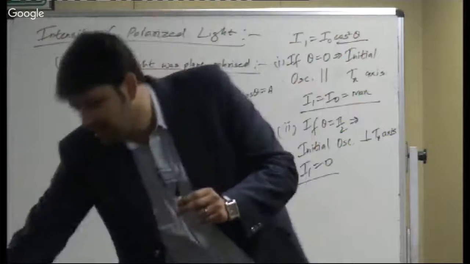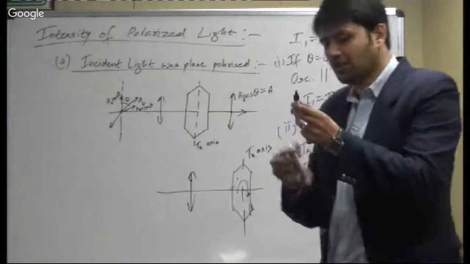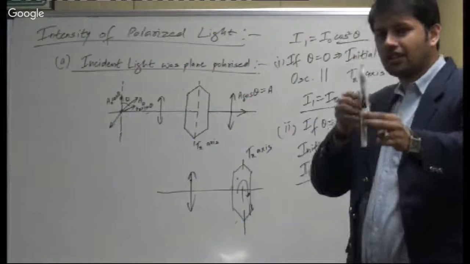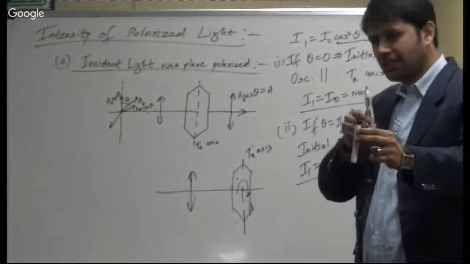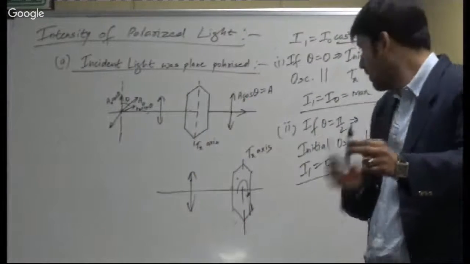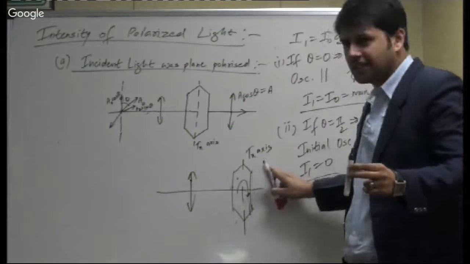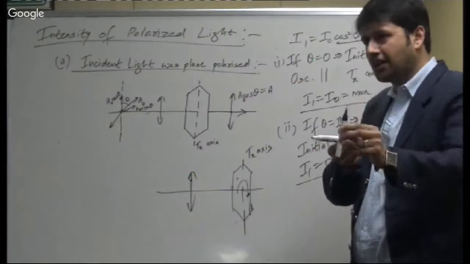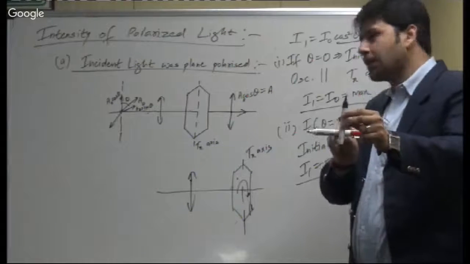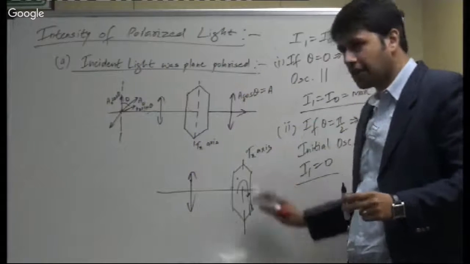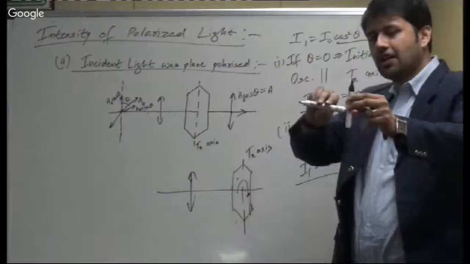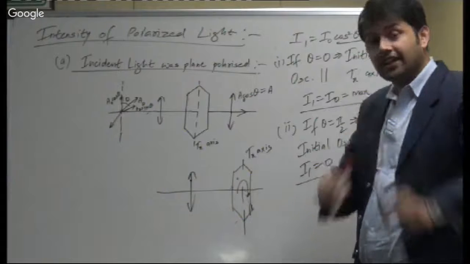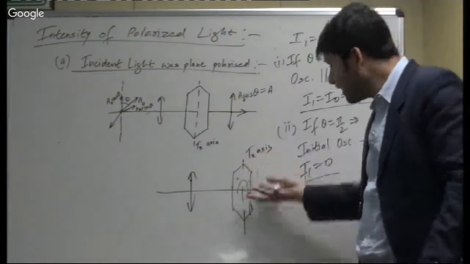Let me draw it. Let's call the red marker the plane of oscillation. It is rotating like this. The plane of the transmission axis is rotating like this. The oscillations are in the same manner. At pi by 2 angle you get intensity 0. But as the axis rotates to 180 degrees, the situation is exactly similar.